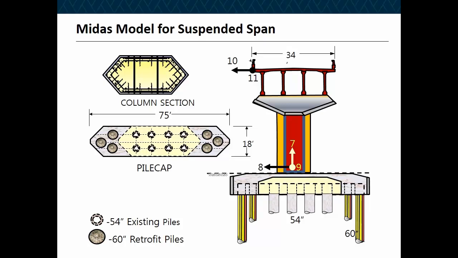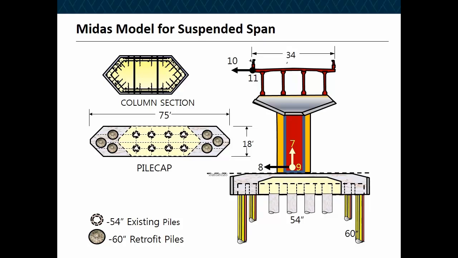Very complicated structure. The existing columns or piles are hollow. Then we have the retrofitted piles, which are 60 inches in diameter; the existing ones are 54 inches in diameter and hollow. The column was also retrofitted, which there's not enough time to really explain.